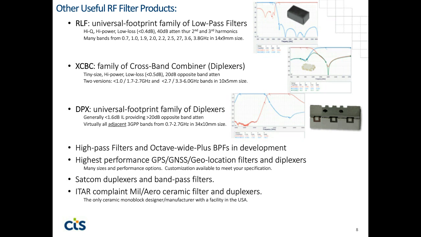We also have a companion XCBC part that supports 2.7 and below with 3.3 all the way up to 6 gigahertz. This would be especially useful if you're trying to combine a high band like a 5G TDD band, and that could be anything from, say, 3.4 gig up to a 6 gig band like band 46.